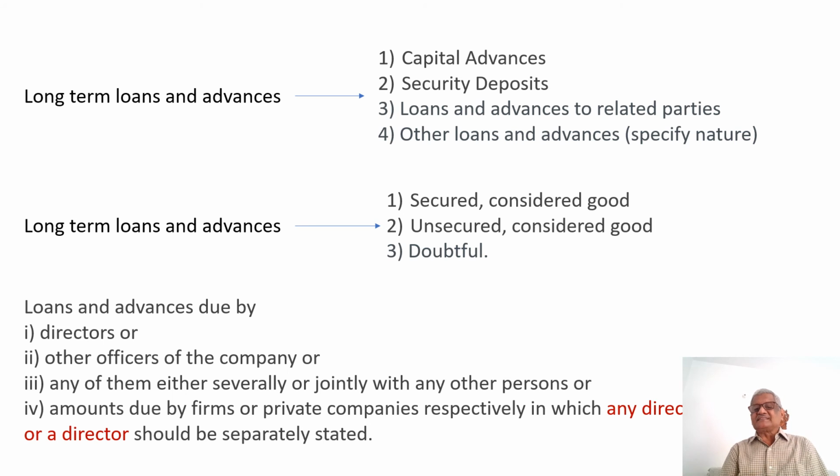Then loans and advances to related parties. Related parties could be a director or a group company or an associate company or a group firm, etc. Again, long-term loans and advances need to be further classified into secured considered good, unsecured considered good, doubtful.